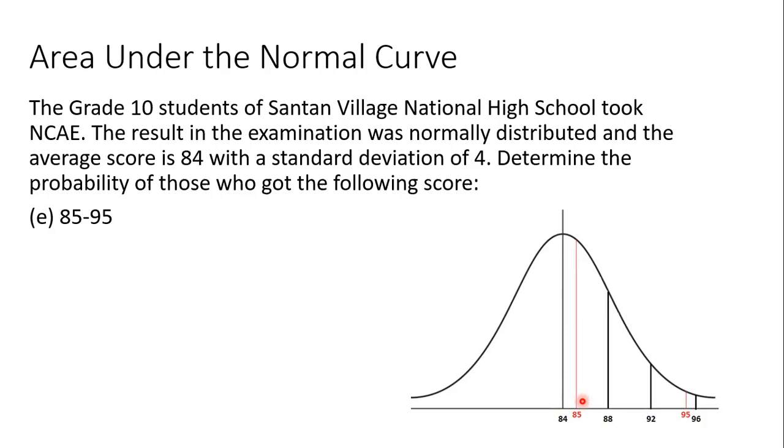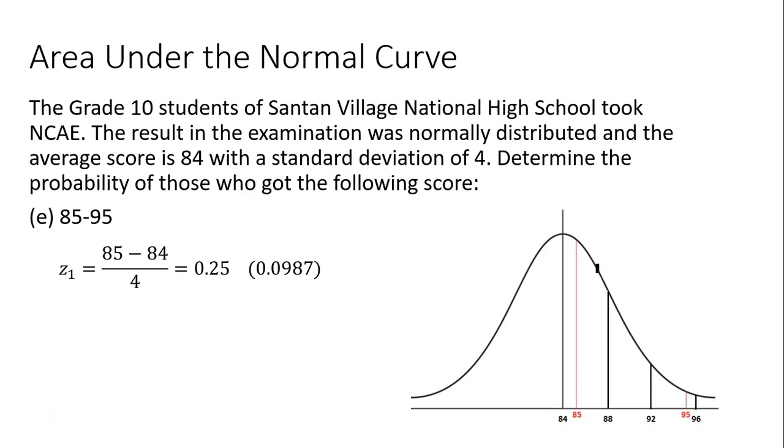But rather, if you're going to analyze, we will be having two areas pa rin. So ano po yun? Una, get the z-score from 84 to 85. So this is the z-score, 0.25. The corresponding area for 0.25 is 0.0987. Okay?